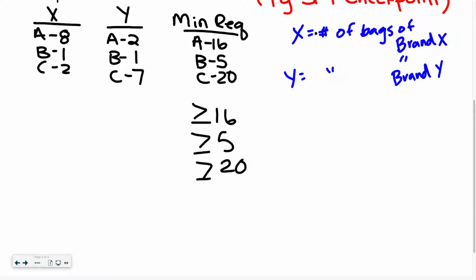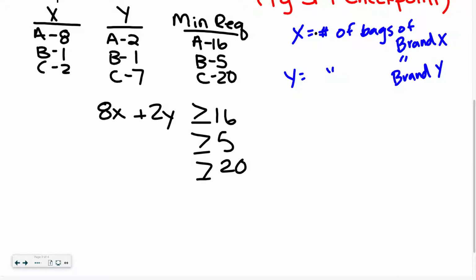But if I buy 2, I'll have 16. Okay. If I only buy one bag of brand Y, I'll have 2. If I buy 2, I'll have 4. If I buy 10, I'll have 20, right? We're just multiplying by the number of nutrients in each bag. So we could say that the amount of nutrient A is going to be 8 times X for every bag of brand X plus 2 times Y for every bag of brand Y. I'll get that many nutrient A's.